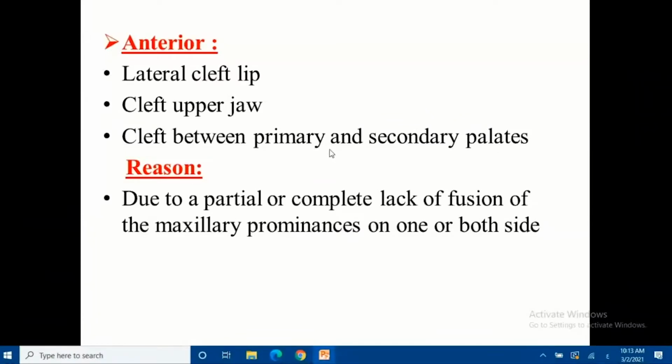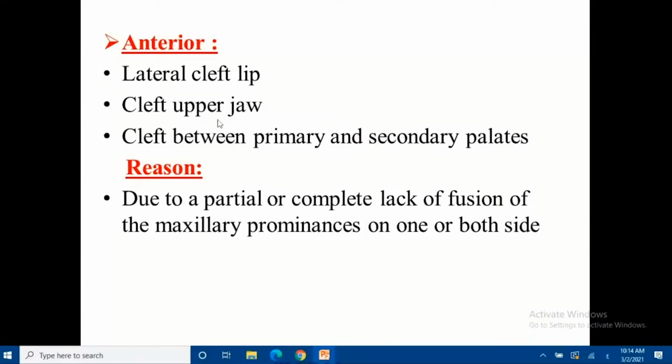We said that there is a reason for this kind of cleft, and I mentioned it before in the development of the face. There are prominences that form the parts of the face after their fusion. These prominences will fuse in order to form the structures of the face. So if there is a lack of fusion, or incomplete or partial fusion of these parts, this will lead to having a cleft.